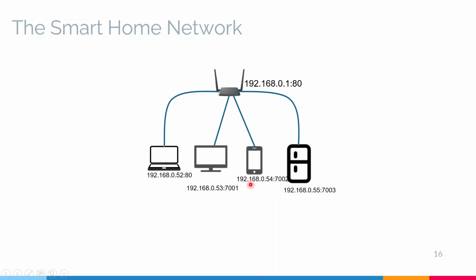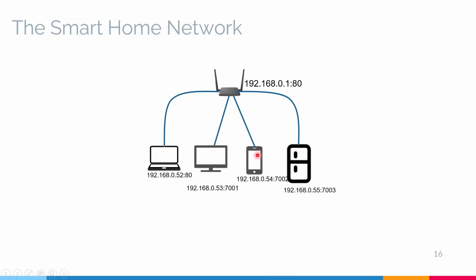So whenever I request anything over the network, I also have to open up a port. So here the mobile, even though it's requesting, is opening up a port 7002. So it requested a web page from the laptop, and the laptop has served the web page.